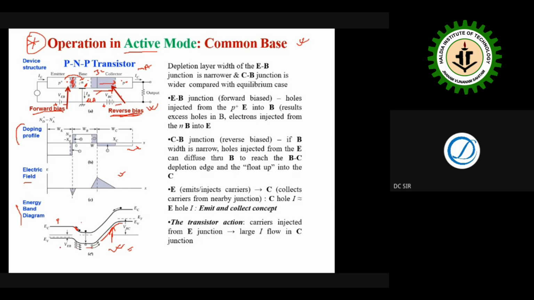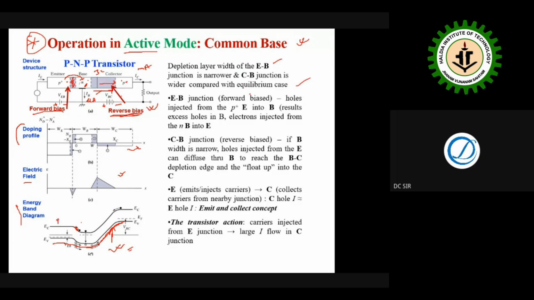This is a downhill for the hole. So holes easily move from this side to this side. So the same things I think are described here. Depletion layer width of the emitter base junction is narrower and the CB junction is wider compared with the equilibrium case.